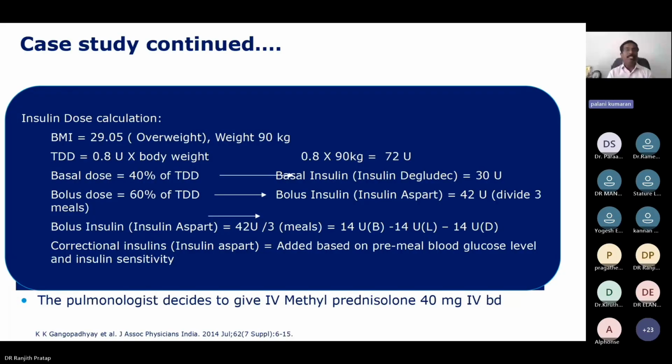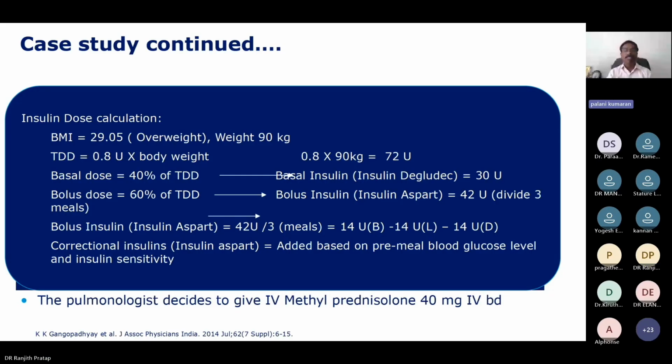With the 40-60 division, 40% as basal is roughly 30 units of basal insulin, that is degludec, and 60% as bolus is roughly 42 units, divided by 3, roughly 14 units of aspart given 3 times, along with 30 units of degludec. Insulin can be calculated depending upon the correctional factor, using the formula 1700 divided by the total daily dose.